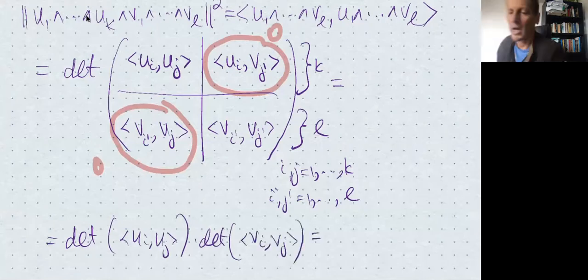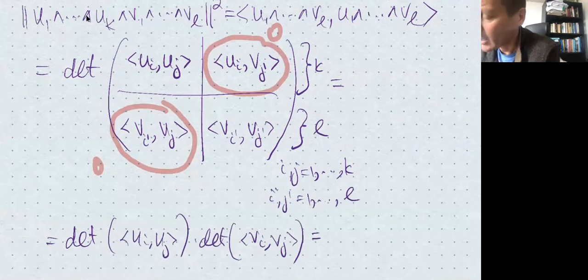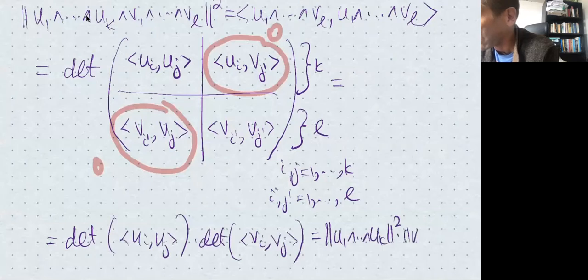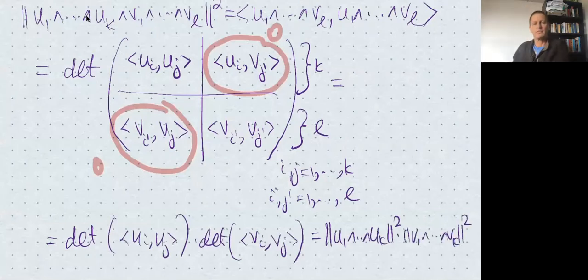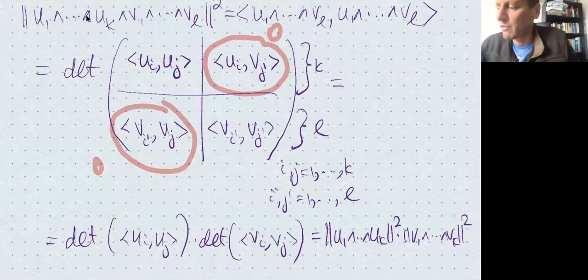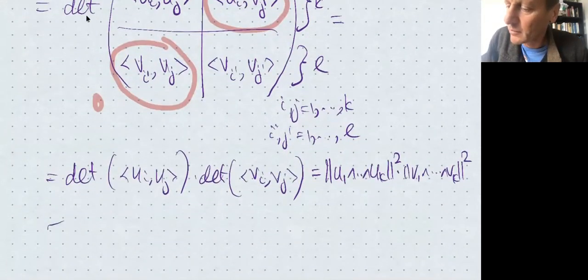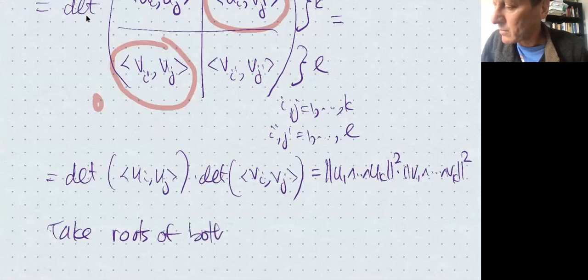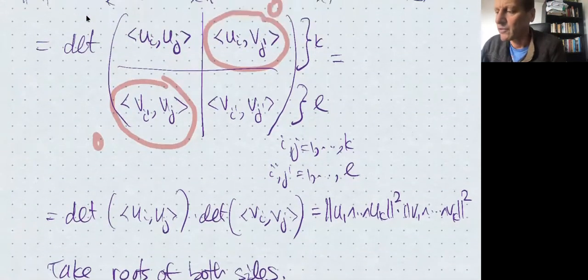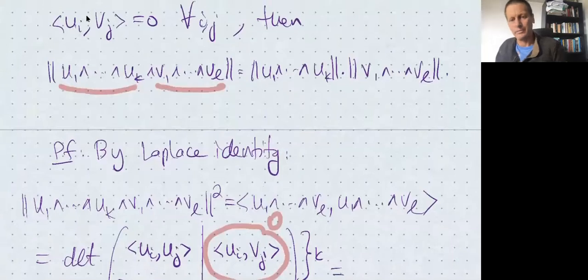And again, we apply the Laplace identity, and we get this. So taking square roots of both sides gives you the identity that you want, gives you this identity.